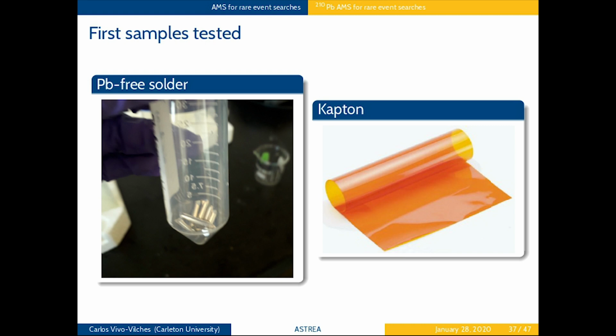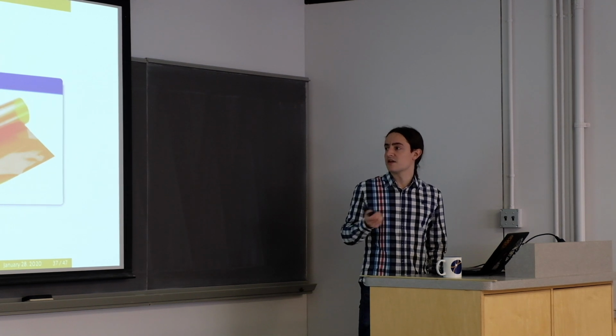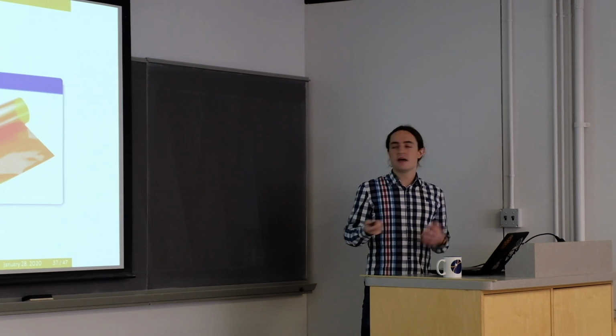The first samples we have worked with for lead-210 are this lead-free solder. This was done because it was also already measured by the University of Alabama group at the SURF facility, an underground facility in South Dakota, by gamma counting. So in order to compare our results with them.